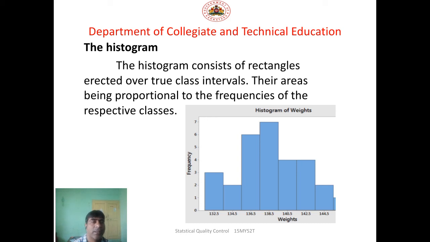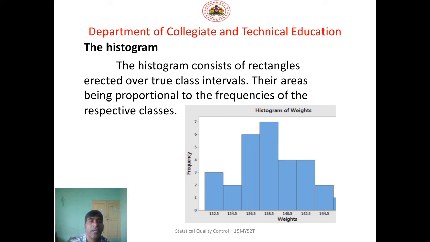Again, the class interval is taken on the x-axis and the frequency on the y-axis. For the first class I have shown the rectangle up to 132.5, and the frequency is up to 3.